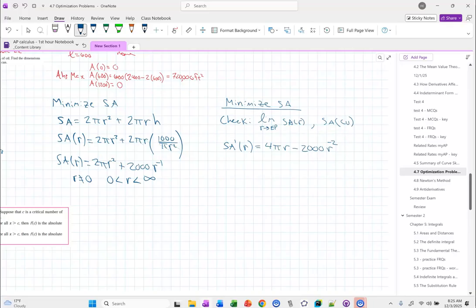Everybody good there? I did that right? Yeah? Okay. Let's set this equal to 0. We'll do that first. How do I solve this equation for 0?